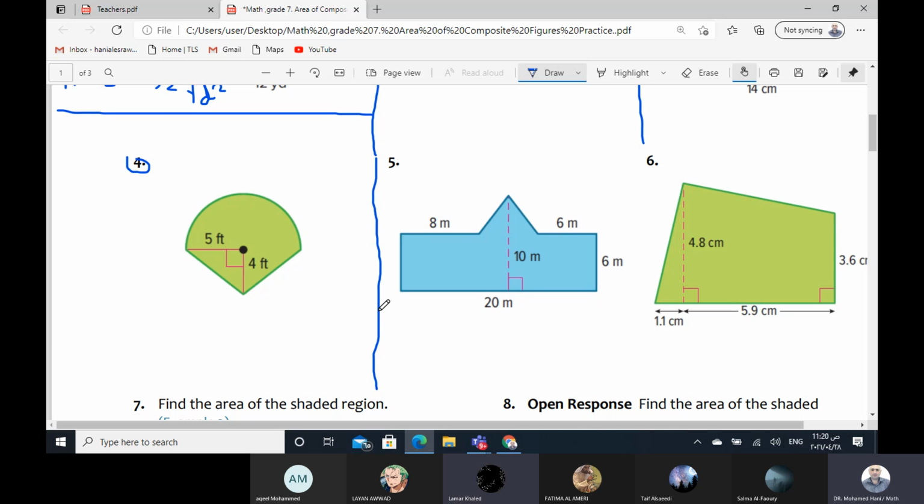Do we have here like 2 triangles or 1? 2 triangles.